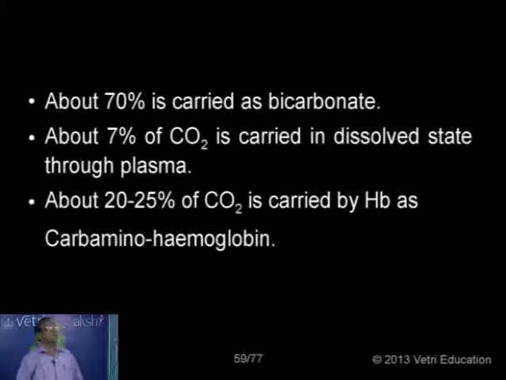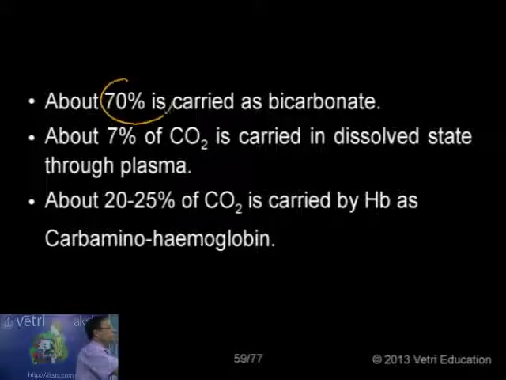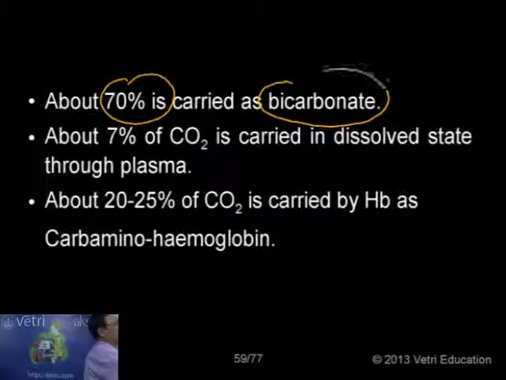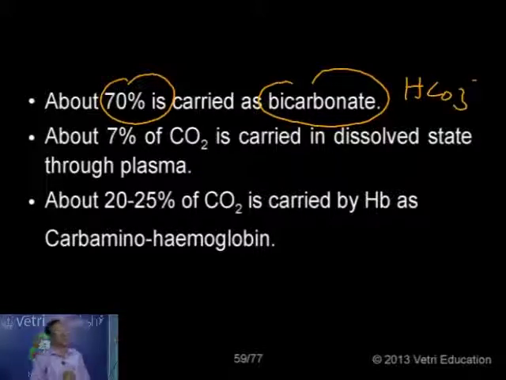Now, what are the different ways carbon dioxide is transported? The major share, nearly 70% of carbon dioxide, is transported in the form of bicarbonate, either sodium bicarbonate or potassium bicarbonate, but mostly sodium bicarbonate in the plasma.